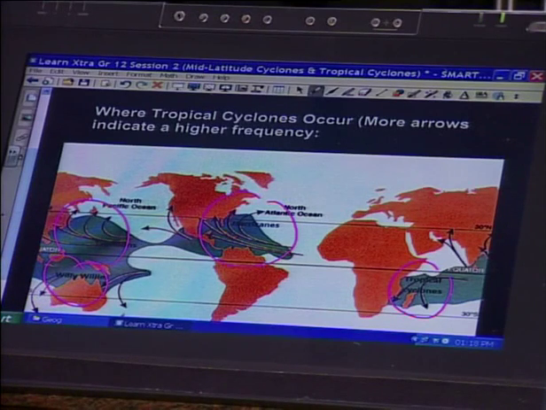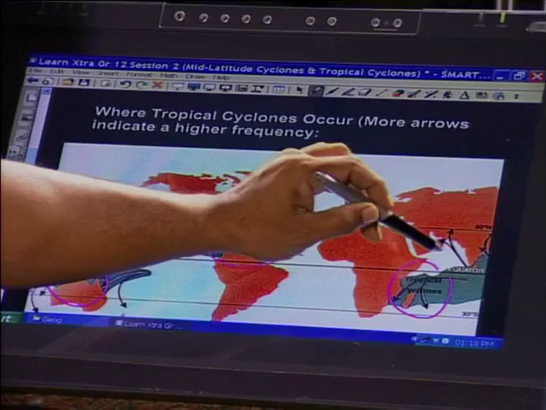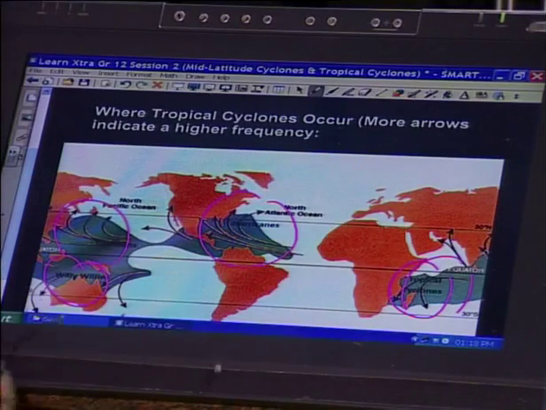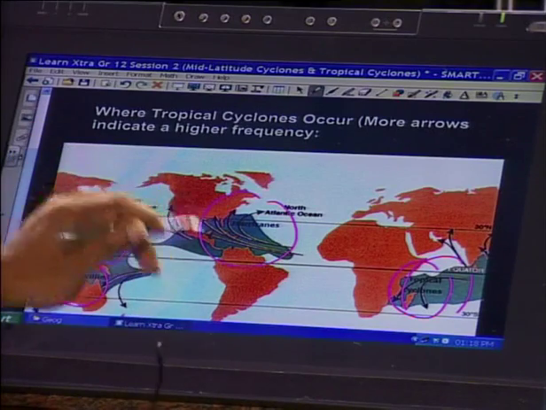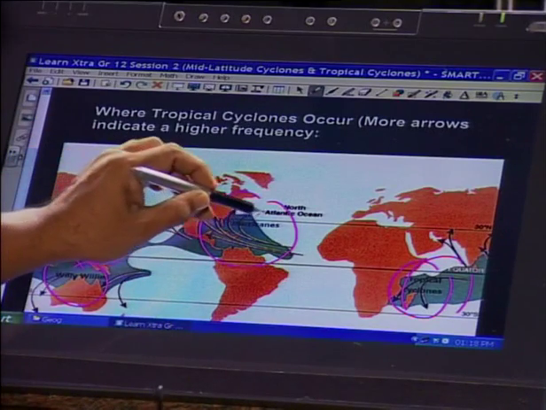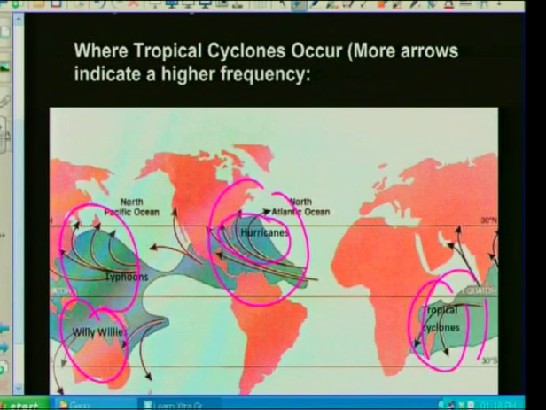Another thing you will note is that they're given different names. A tropical cyclone is known as a tropical cyclone when it affects the Indian Ocean area. When it affects the Americas, it is known as a hurricane. When it affects the North Pacific Ocean, places like Japan, it's known as a typhoon.